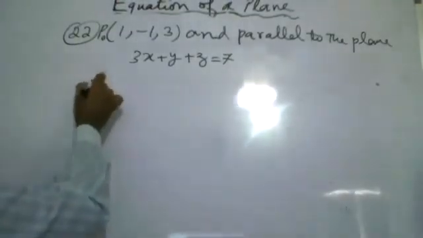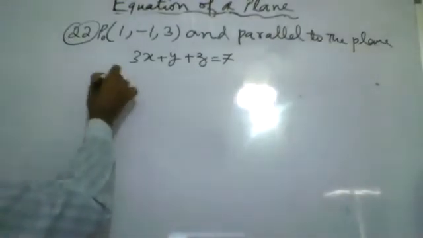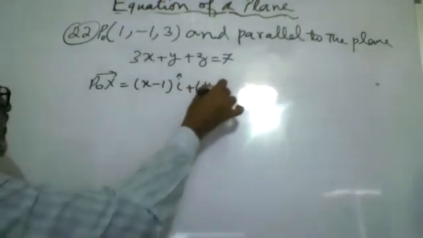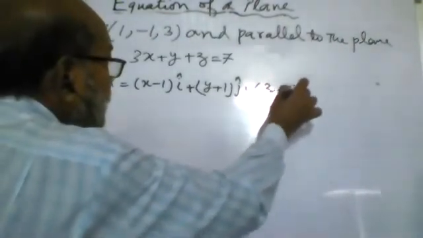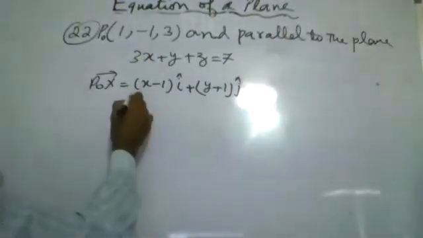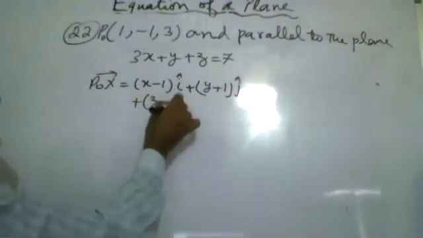So P naught x will be equal to x minus 1 i plus y plus 1 j and z minus 3 k. This is the vector P naught x.